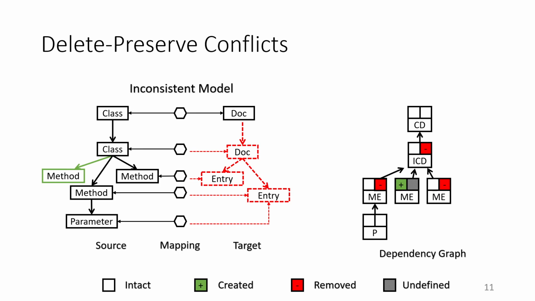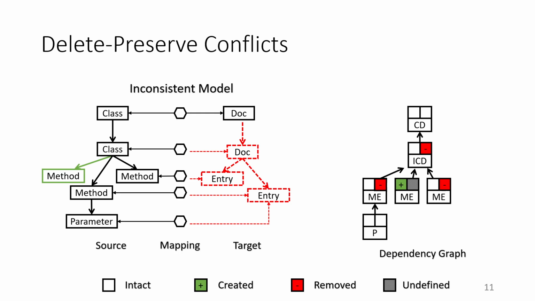What he does is add another method, which causes a conflict because we cannot translate this method and delete the document. Or we cannot delete the subclass, or we would delete the newly added link between the class and its new method. So hence we encountered what we call a delete preserve conflict.